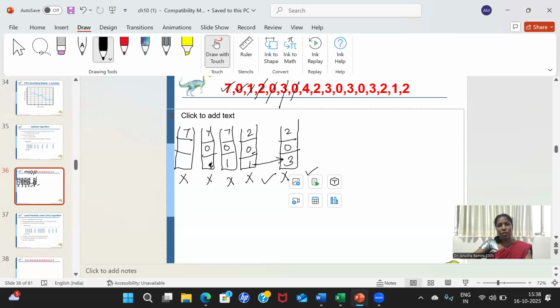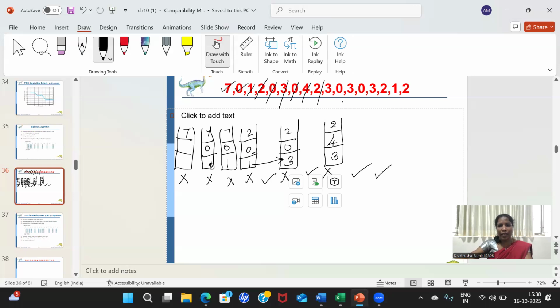Next is 4. 4 is not here, so that is a page fault. I want to replace one of these with 4. Please check 2, 0, 3. From these, which will occur later? Comparatively, 0 will occur later. So replace 0 with 4. Next 2. 2 is already there, so that comes under page hit.